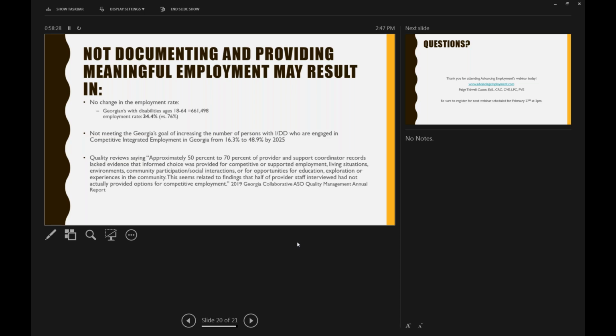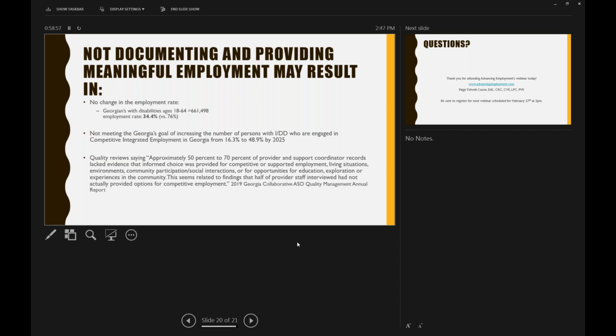Also, here in Georgia, our Developmental Disability Agency and other collaborators have a goal of increasing the number of persons with intellectual and developmental disabilities who are engaged in competitive integrated employment from 16.3%, which is where it is now and is less than it was in 2016, up to 48.9% by 2025.